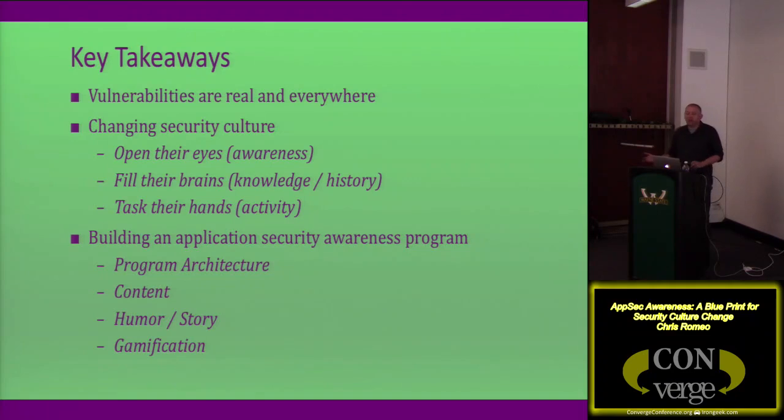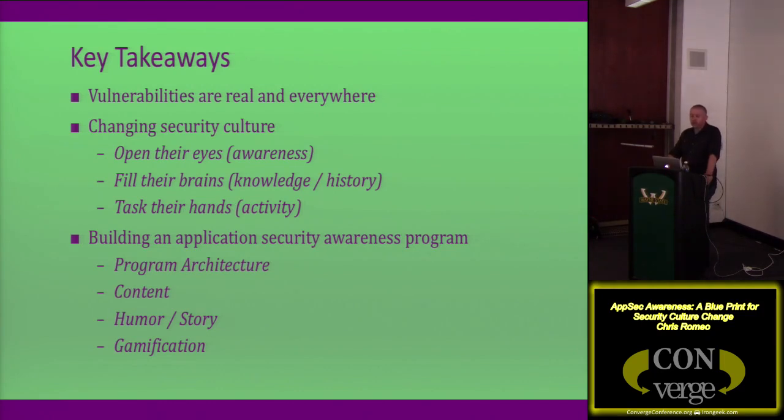So, a couple of takeaways here. Vulnerabilities are real and everywhere. We saw that in that Veracode OWASP top 10, and we know that from our own existence in our own companies. If you want to change culture, it starts with opening the eyes. That's the awareness side. Filling the brains with knowledge and history of where you've been and where you're going, and then tasking those same hands with activity.